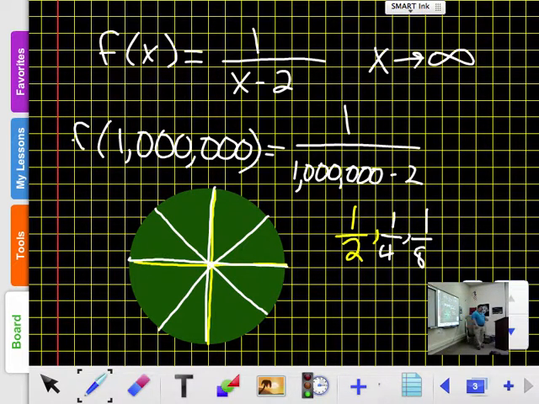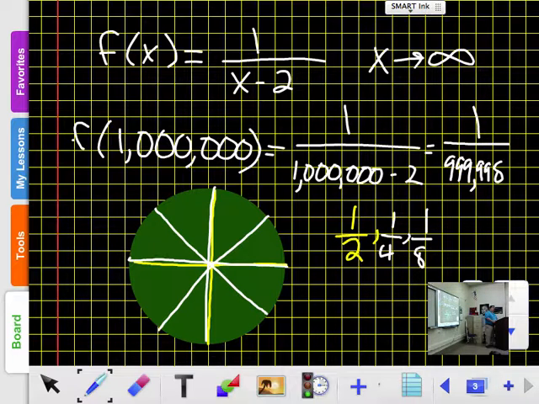Now if I continue to cut this in half, and cut this in half, and cut this in half, eventually I'll reach something that looks like 1 over 999,998, which is what that is. How big of a slice do you think I'm going to have? Very little slice, right?